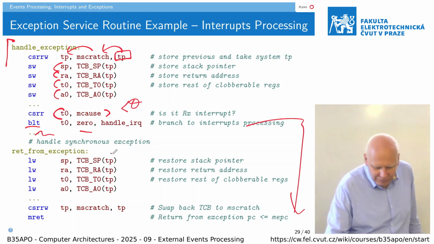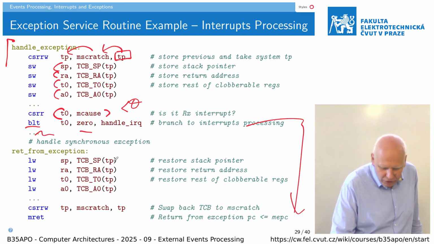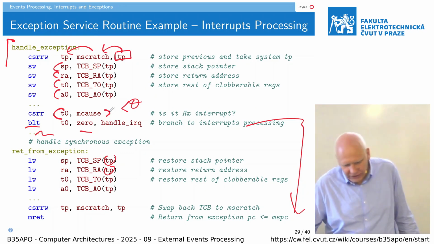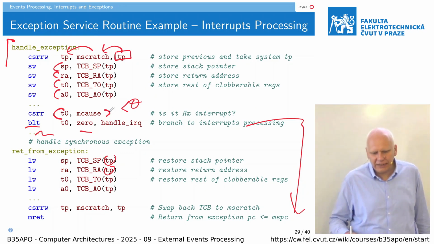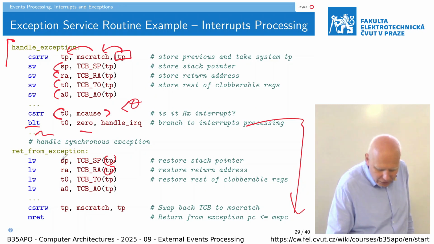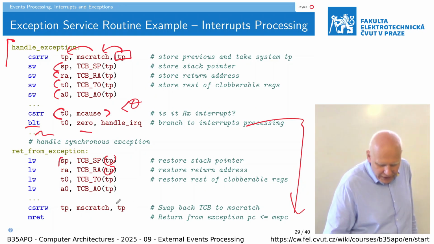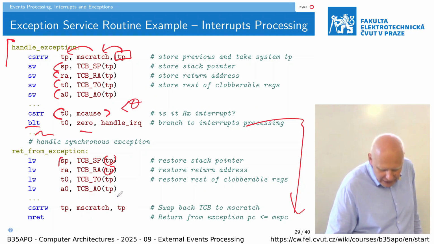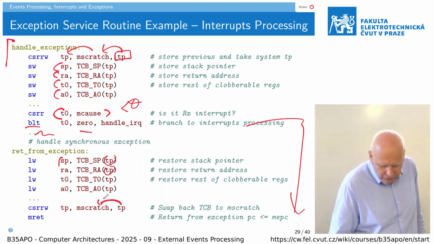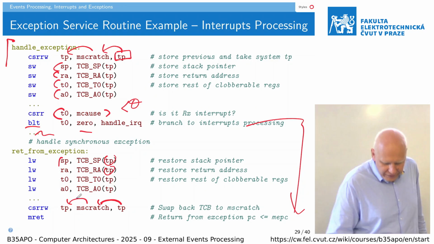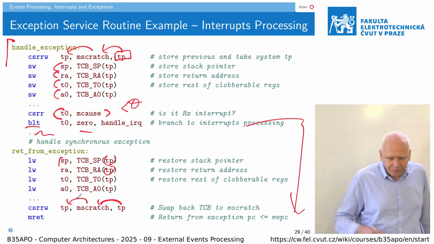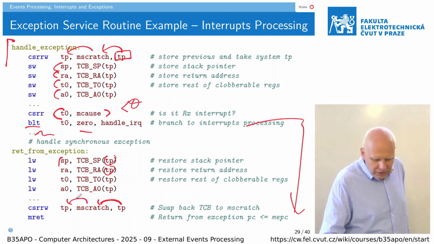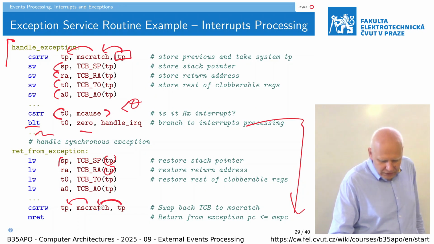And the last part of the exception handling is this restore, through the thread pointer, of the values from that location where we have the state of the task to all registers. And as the last step, we switch that value which we have stored into the mscratch with the value in the mscratch register.